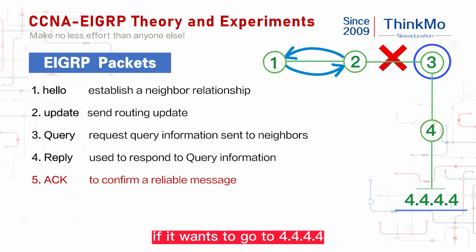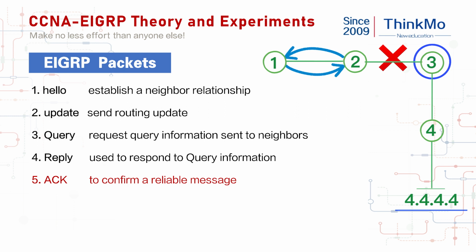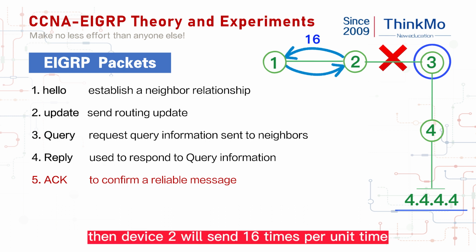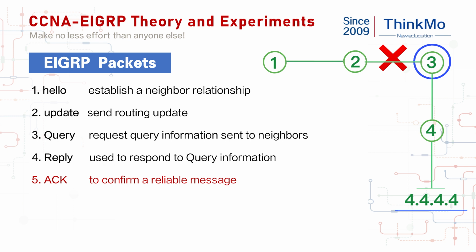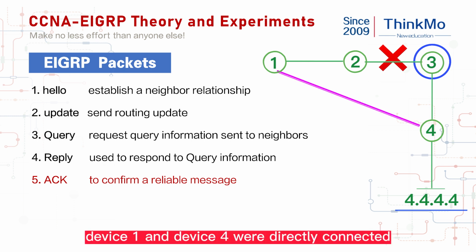If it wants to go to 4.4.4.4, it has to rely on device 2. Then device 2 will send the query 16 times per unit time, and device 1 needs to reply no 16 times. After that, device 2 will delete it. But there is a situation: for example, originally, device 1 and device 4 were directly connected.